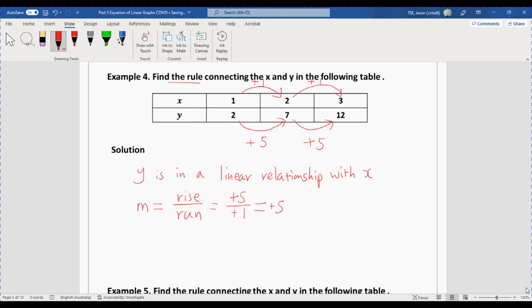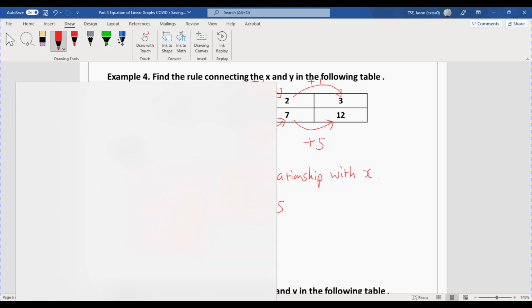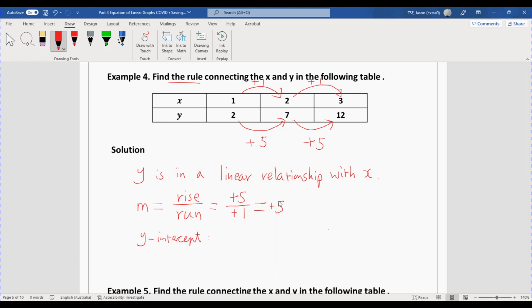What should be the next thing we're going to find? Refer back to the previous example and think. Must be y-intercept. How can we find y-intercept from this table? Are there any points that we can use to find the y-intercept straight?